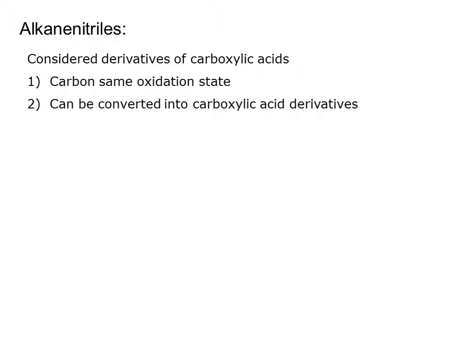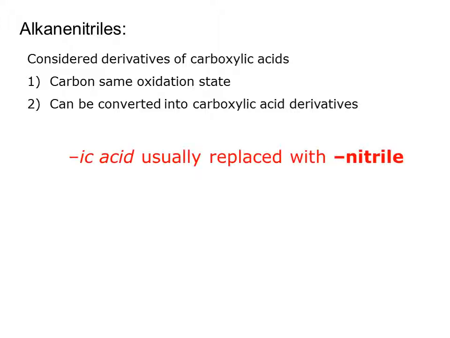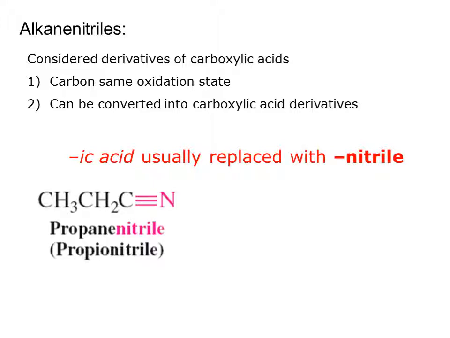The last thing we're going to talk about are alkane nitriles. Now these are not really carboxylic acid derivatives, but the carbon is in the same oxidation state, and we're going to go over some similar reactions to what we did see with derivatives, so they do end up getting grouped in. For nomenclature, our ic acid is going to be replaced with nitrile. So here we still have our same rules. We have a 3-carbon chain with a nitrile group on it.